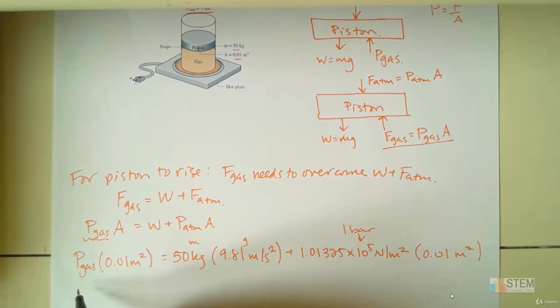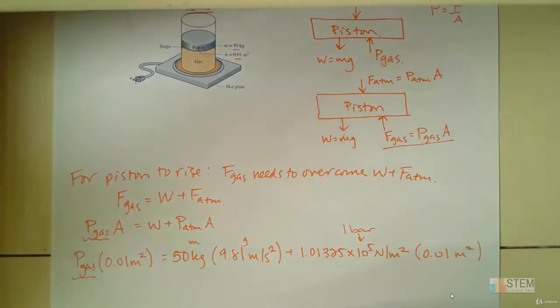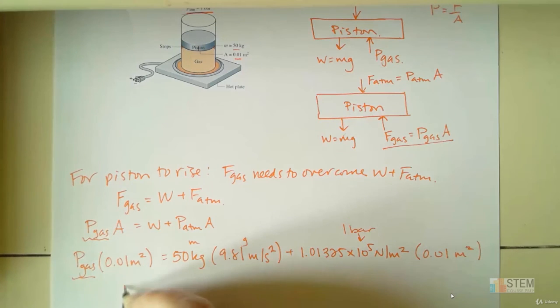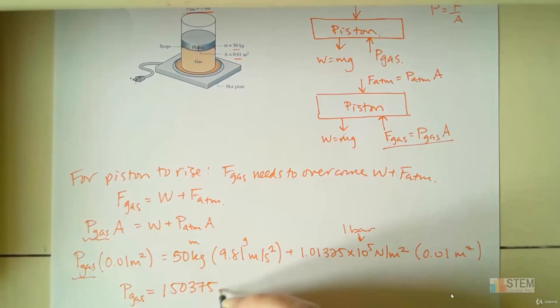Okay, so now we have everything we need. We can solve for the gas pressure. Our gas pressure ends up being 150,375 newtons per square meter.